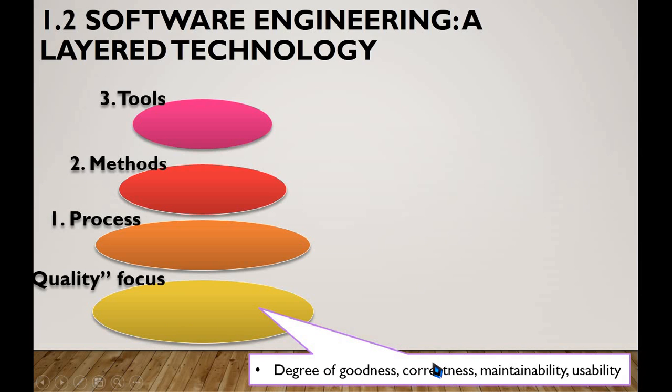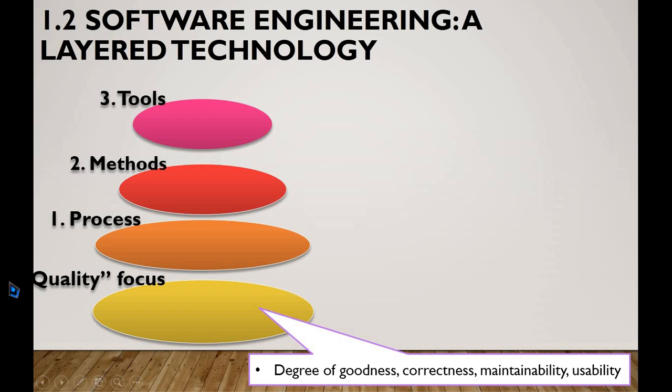Second is correctness, meaning the product or project must be correct. Maintainability means we can maintain it easily, and usability means it is user friendly. So this is required for the quality of our product, or quality of our project.